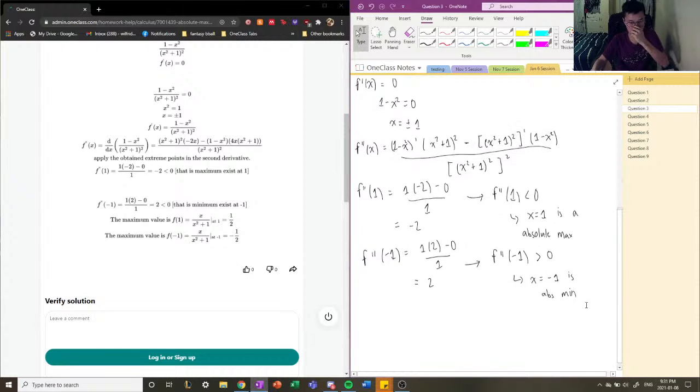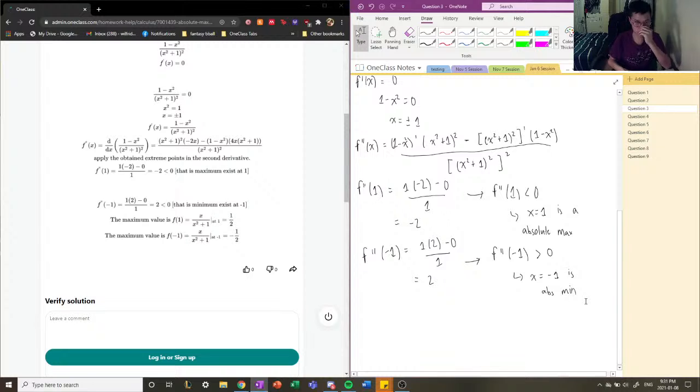Finally, we want to evaluate the y coordinates for each of these points. If we were to evaluate it, we have f of 1 equals 1 divided by 1 squared plus 1, which is 1 over 2.